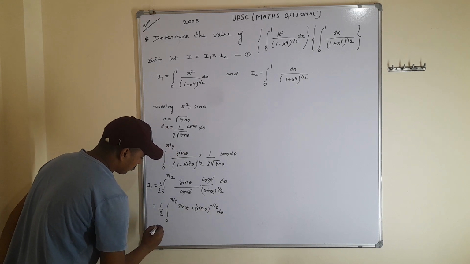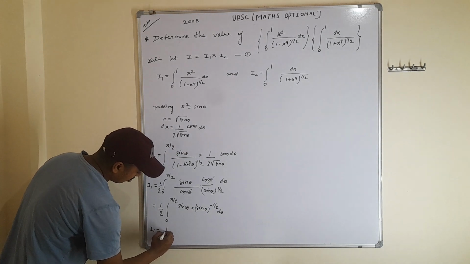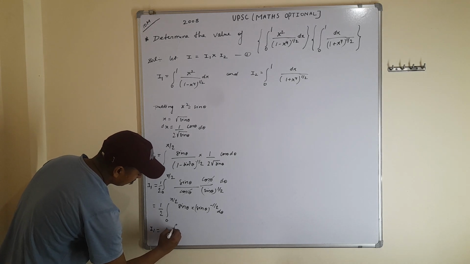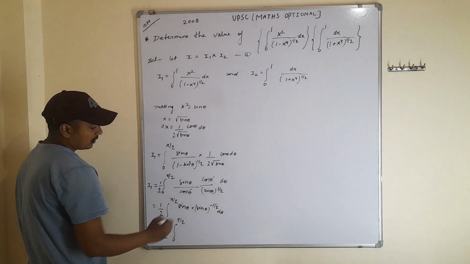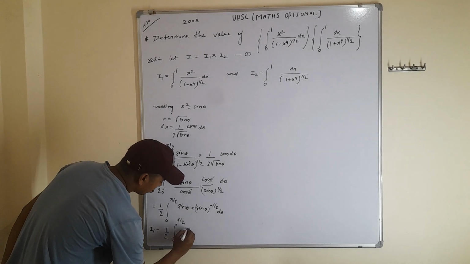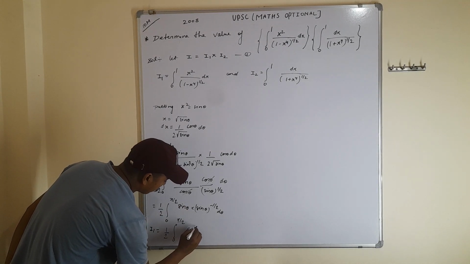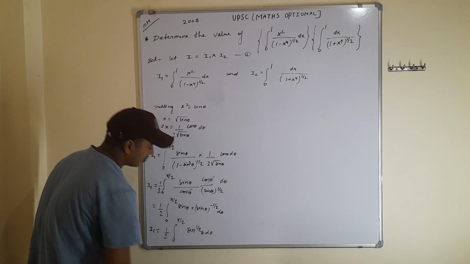So I1 is equal to 1 by 2, integration 0 to pi by 2. The bases are the same, so the powers add, that is sin to the power 1 by 2 theta d theta.